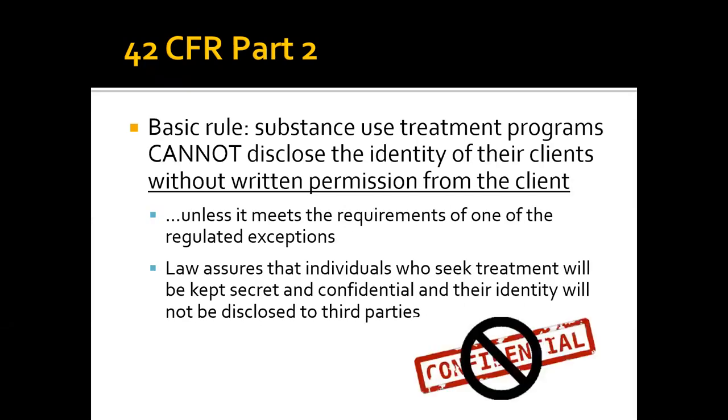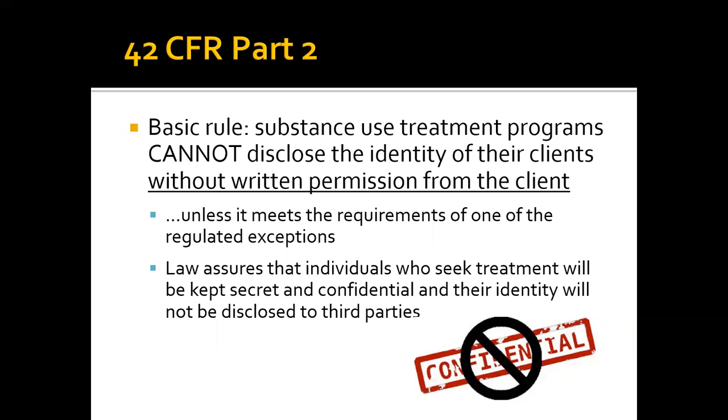The basic rule of 42 CFR Part 2 is that substance use treatment programs cannot disclose the identity of their clients without written permission from the client, unless it meets the requirements of one of the regulated exceptions.